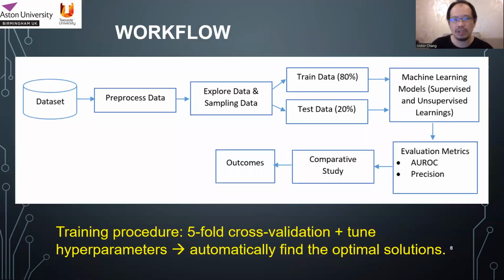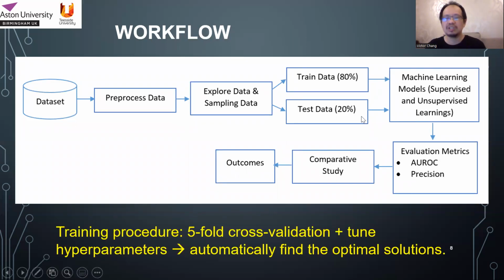As we know, when we're running advanced algorithms, we should have a very structured way of working. First of all, we have a data set and we pre-process the data to ensure that the quality is much better. Then we explore and sample the data. We use 80% to train and 20% to test.